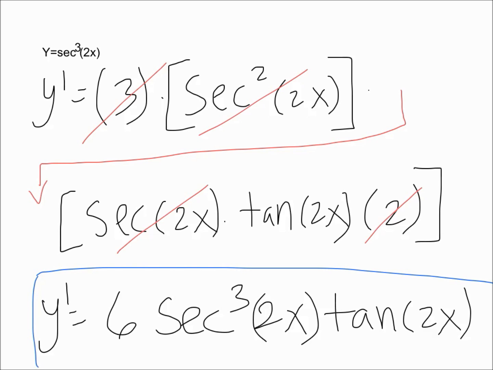Finally, let's do one more problem. It says that y is equal to e to the negative 2x times the cosecant of x. So in this one, we have to use the product rule. So y prime would be equal to, first, we write the derivative of e to the negative 2x.